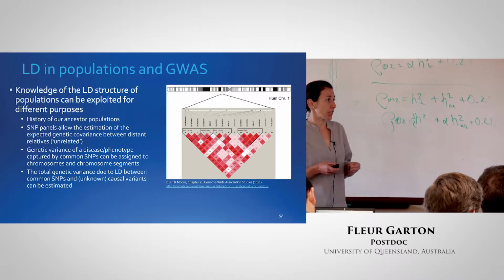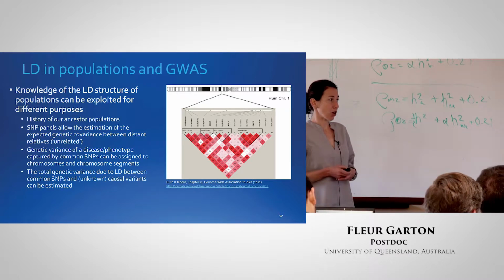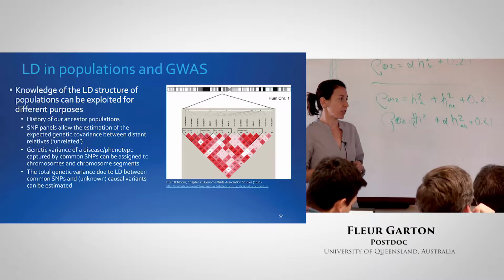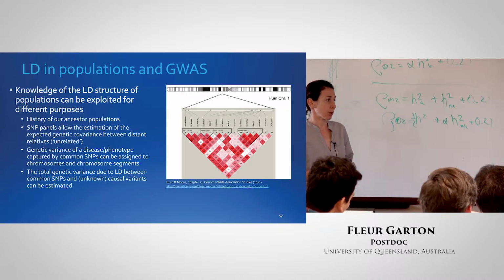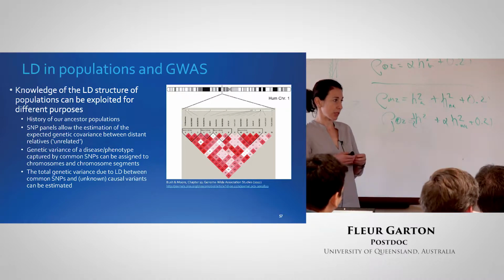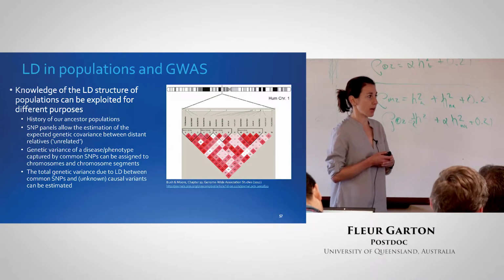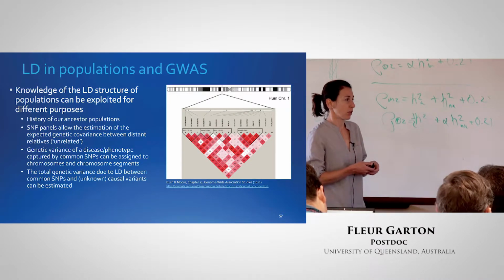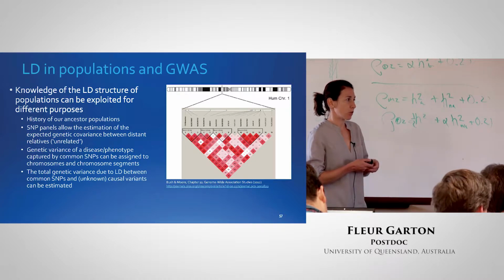Genetic variants of a disease or phenotype captured by common SNPs can be assigned to chromosomes and chromosome segments. And then the total genetic variance due to linkage disequilibrium between common SNPs and unknown causal variants can be estimated. And this is just a picture of different haplotype blocks within a chromosome.